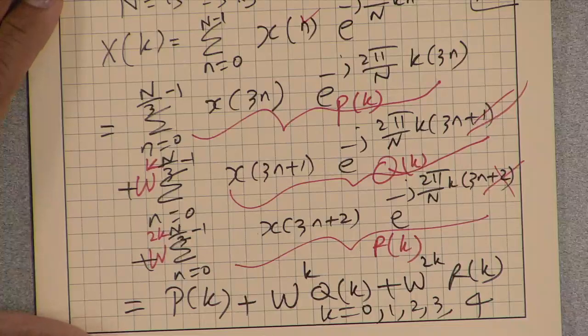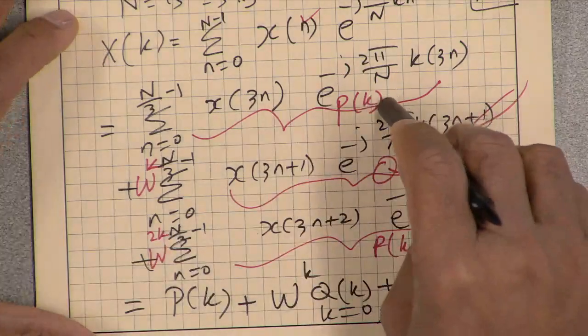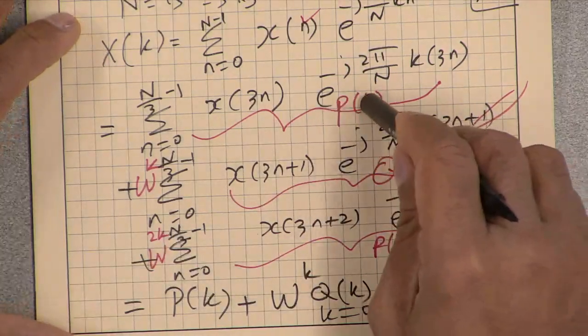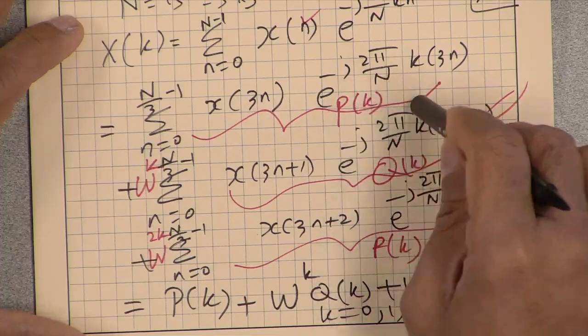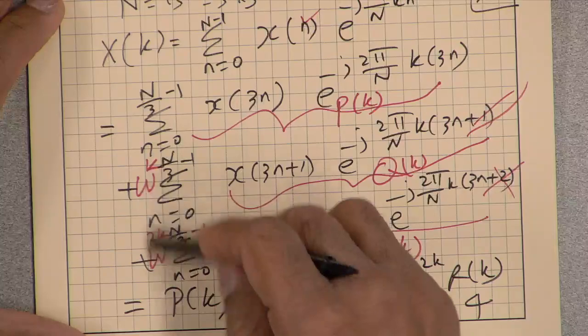It's not that I don't know what happens if k is, for example, 15, but that is the same thing as P0. P15 is the same as P0, P16 is the same as P1, but what will change are these W parameters.